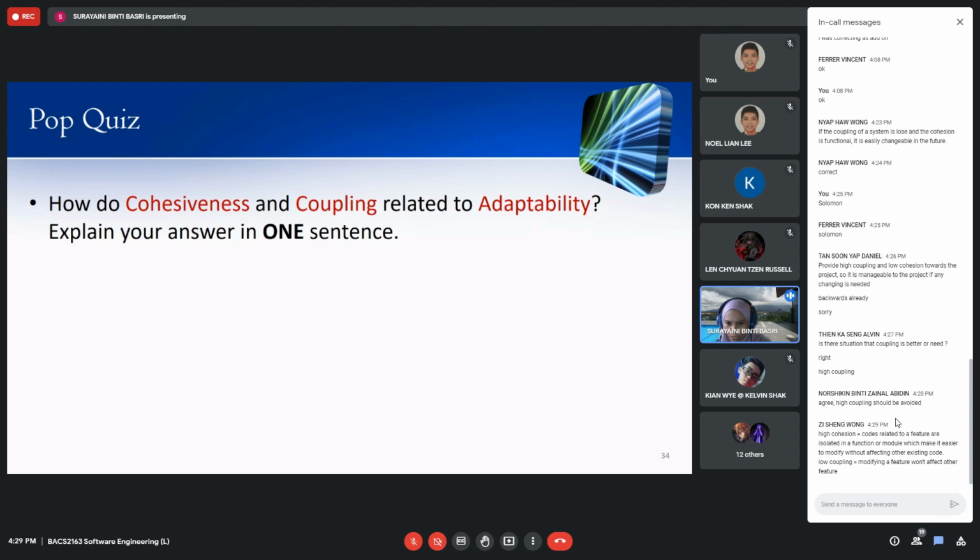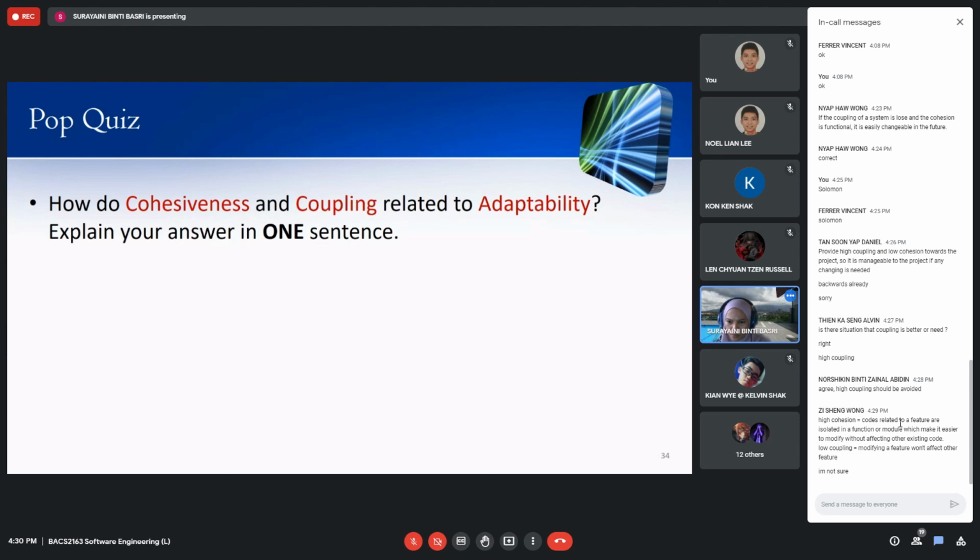Low coupling, modifying a feature won't affect other features. Okay, so your low coupling is already correct. But for your high cohesion, I need to think about it.